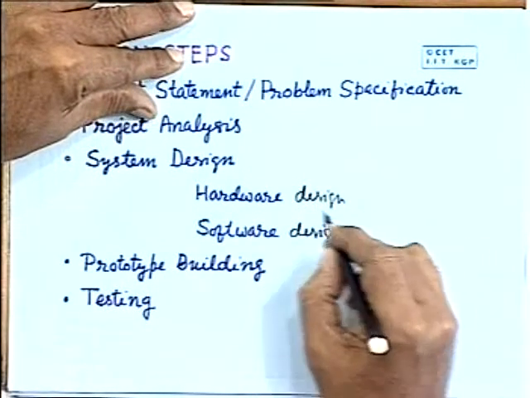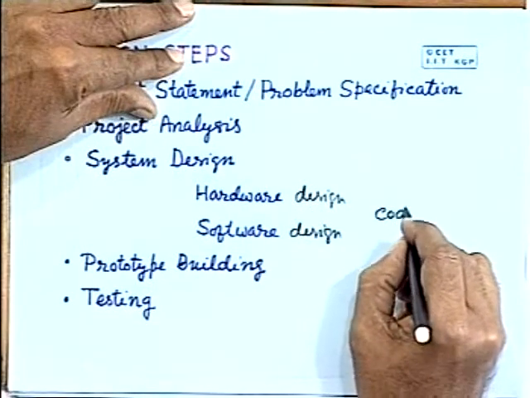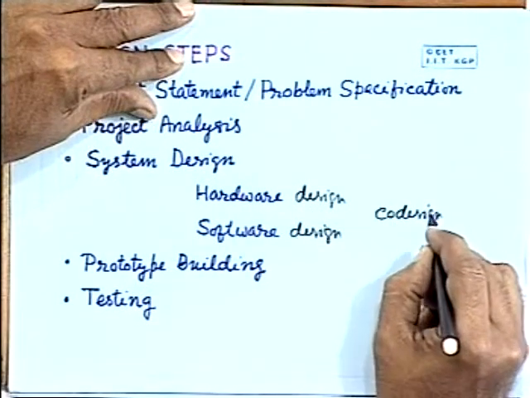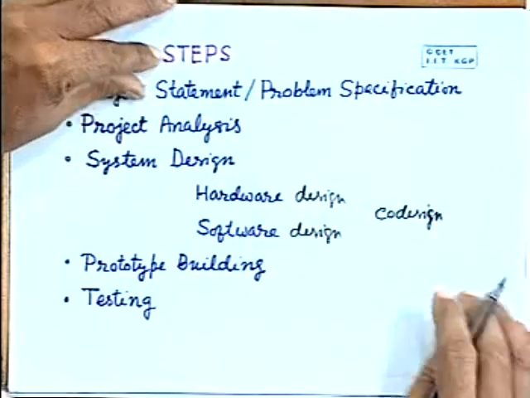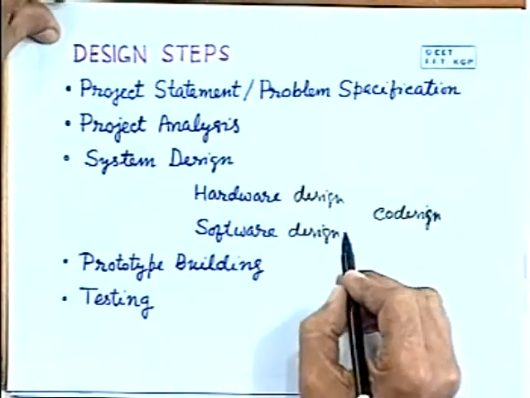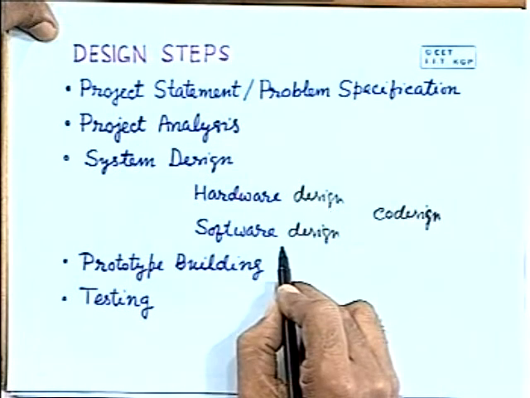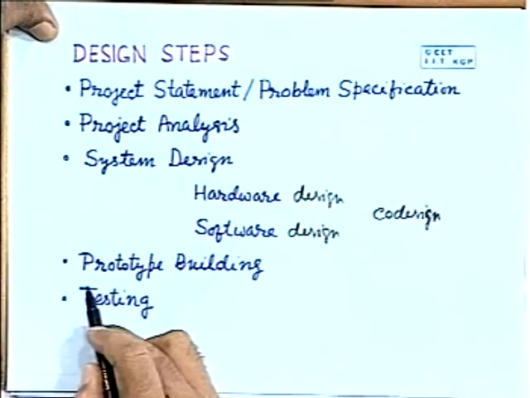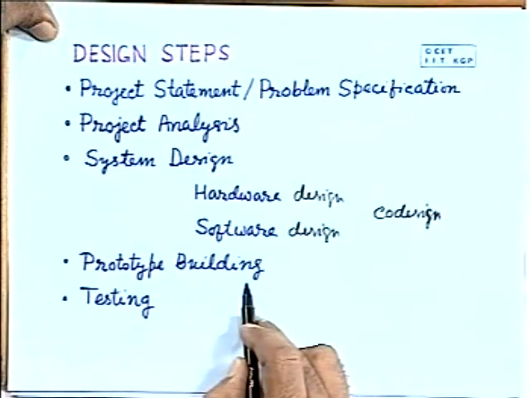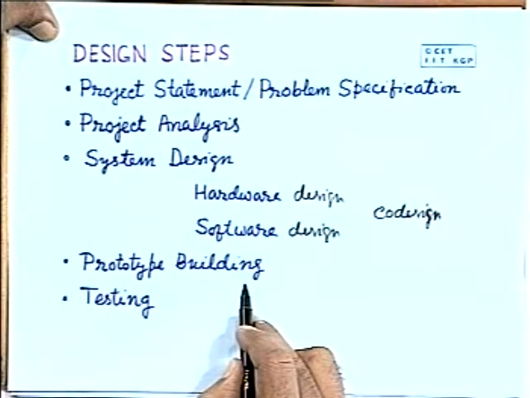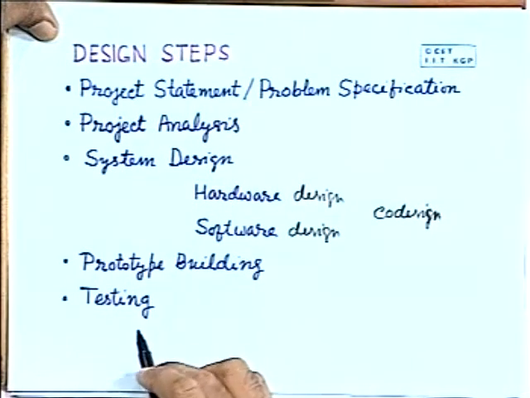You have to find out how much you will implement by hardware, how much you will implement by software, and that is why it is called hardware software co-design. You have to arrive at some trade off and find out which subsystems you will implement by hardware and which by software. Then you will build a prototype system, and that prototype system has to be tested.